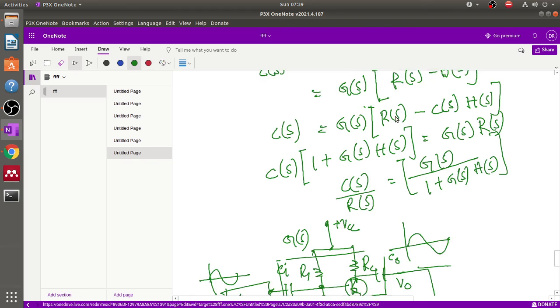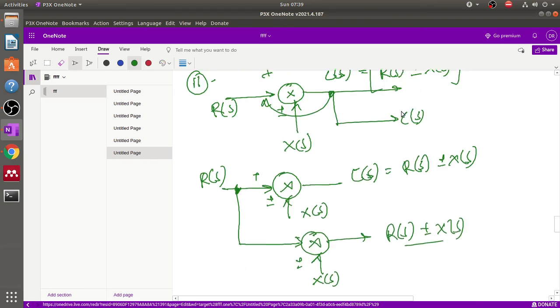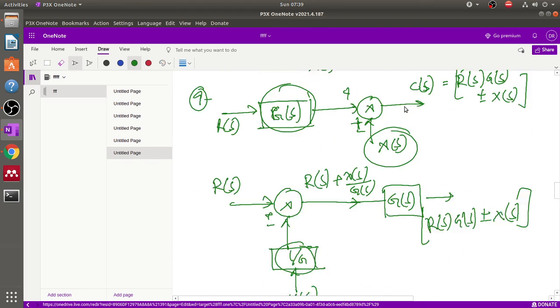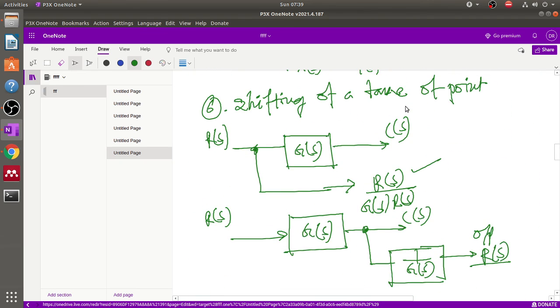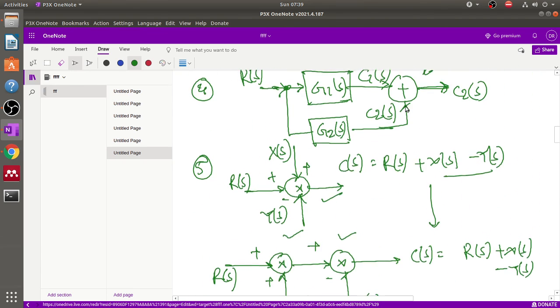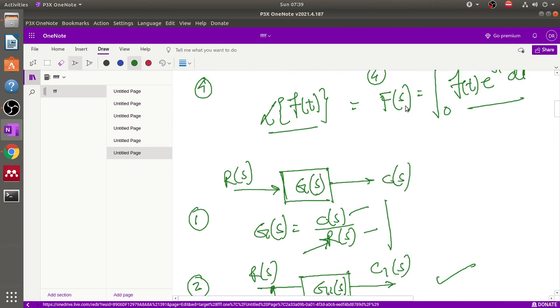Okay, so this is the first lecture of the control system. We talked about the basic control system nature and the parameters. What are GS and HS and RS and CS and their block diagram properties.